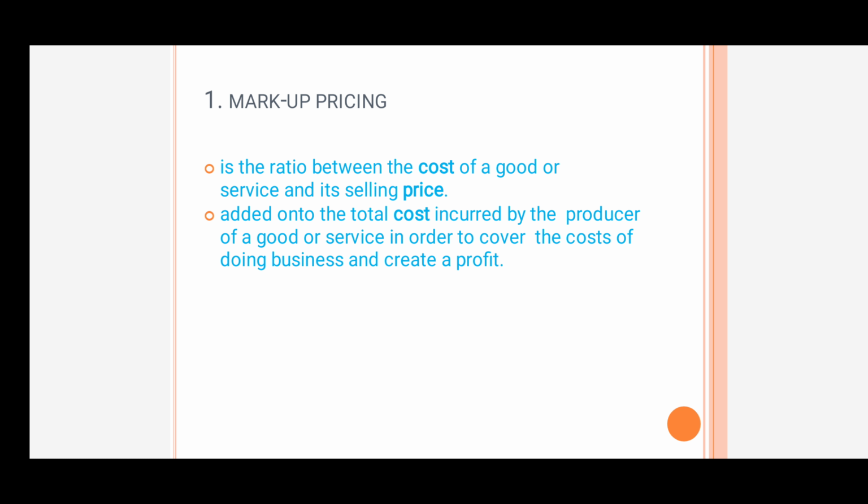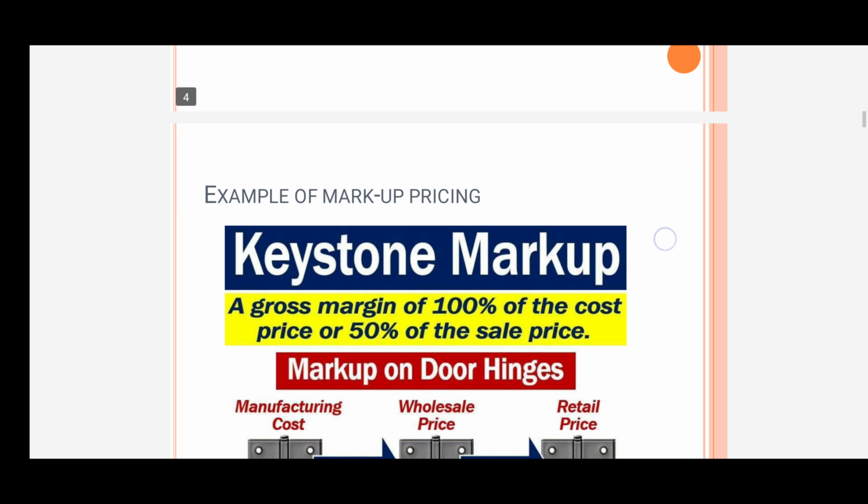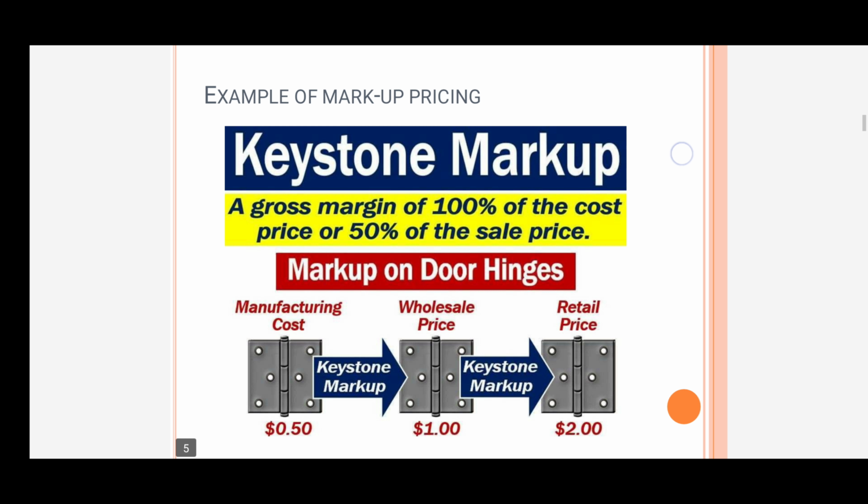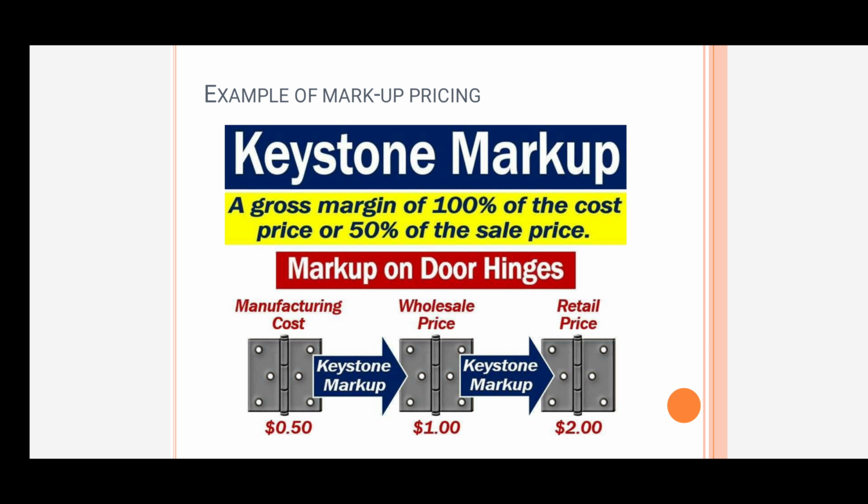If you see in the next slide, I have given an example of markup pricing. Here I have taken an example of door hinges. Door hinges are your door latches which help to close and open a particular door. The manufacturing cost of one door hinge is $0.5.